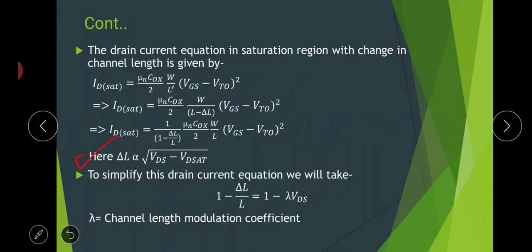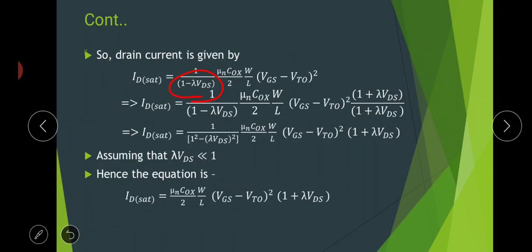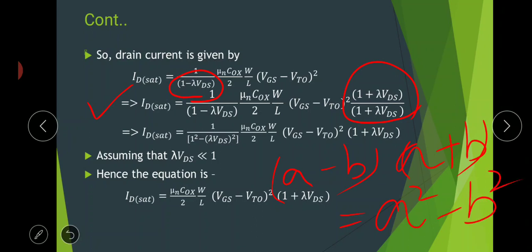Next, to simplify the equation, we multiply the 1 plus lambda VDS in the numerator and the denominator. As we know, 1 minus b into 1 plus b equals 1 square minus b square.